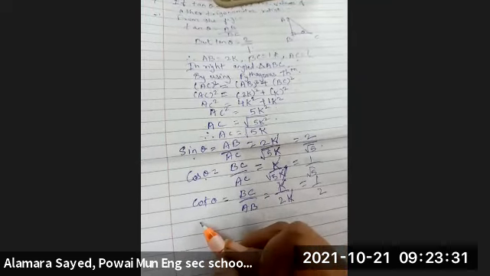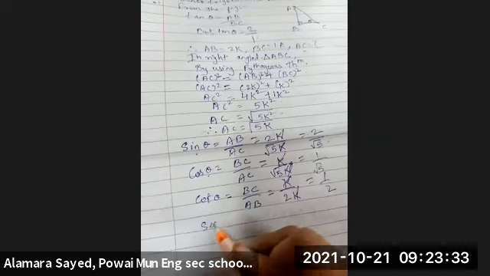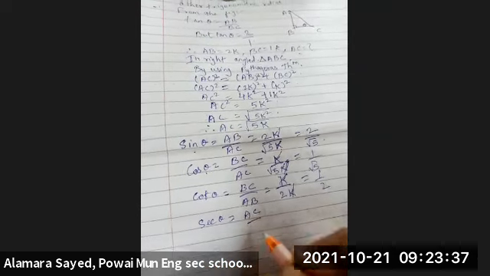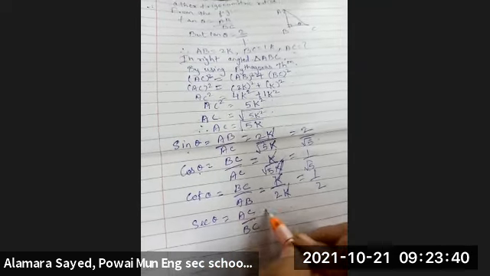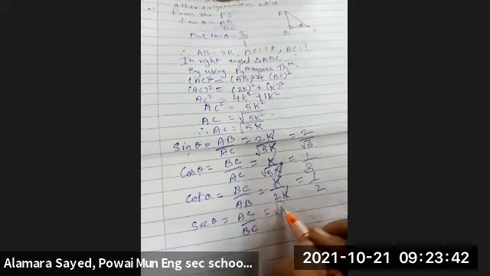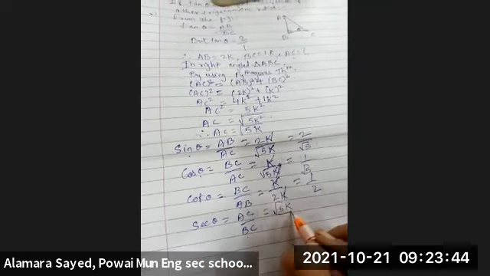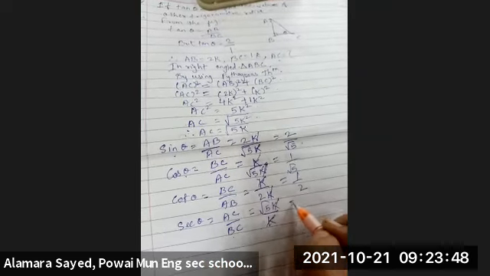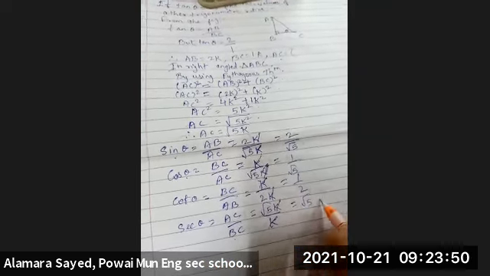The same way, sec theta is equal to AC upon BC, which will be equal to root 5K upon K. K will be cancelled. It will be root 5.